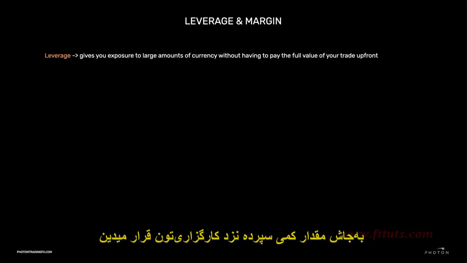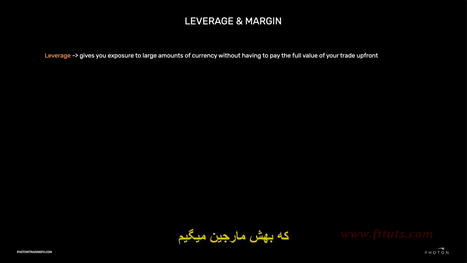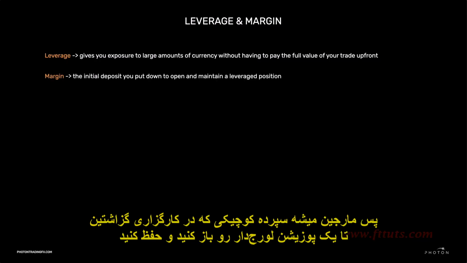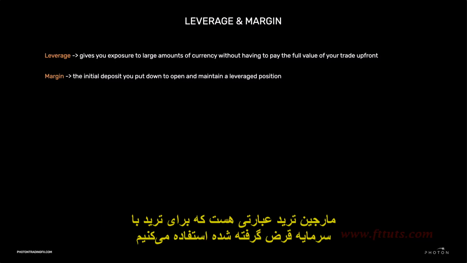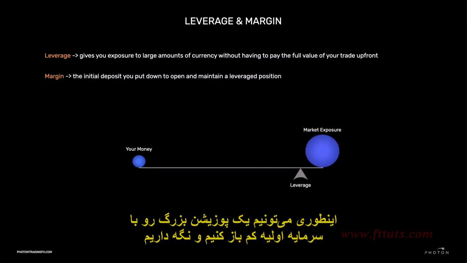Instead, you just put down a small deposit with your broker known as margin. So margin is the term used to describe the initial deposit that you put down to open and maintain a leverage position. Margin trading is simply the term used for trading with borrowed capital. And this is how you're able to open and control large positions with a small amount of initial capital.